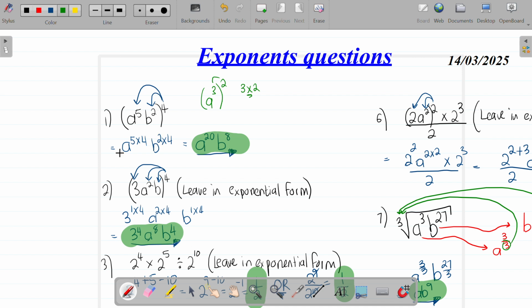So if we go over here, it will become a to the power 5 times 4, and then b to the power of 2, the 2 comes from here, times 4. And that is going to equal our answer of a to the power of 20 and b to the power of 8. Okay, so I hope that's helpful.